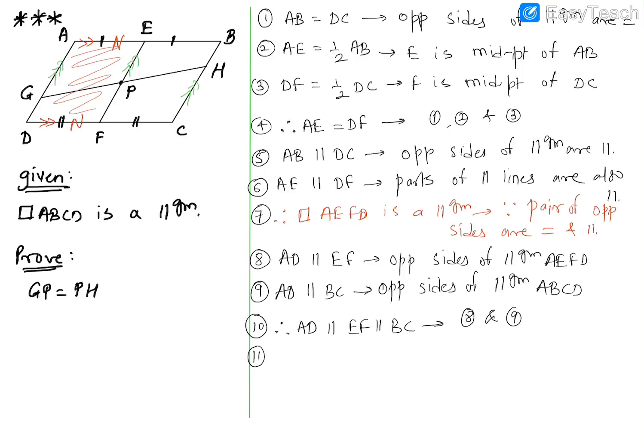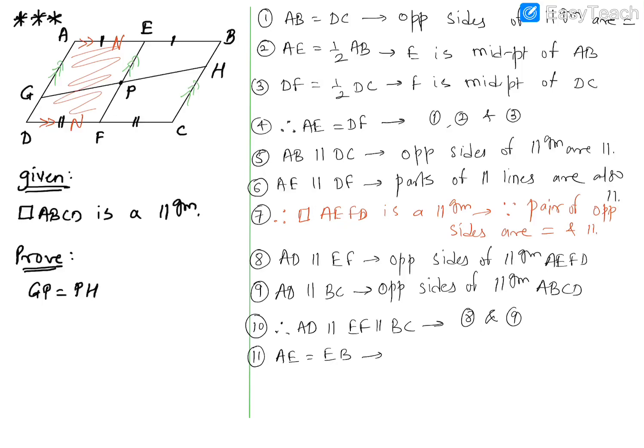So now we are given the three lines are parallel. We also know that AE is equal to EB. Why?